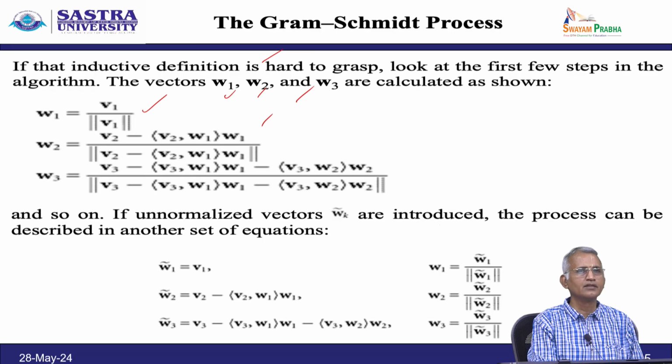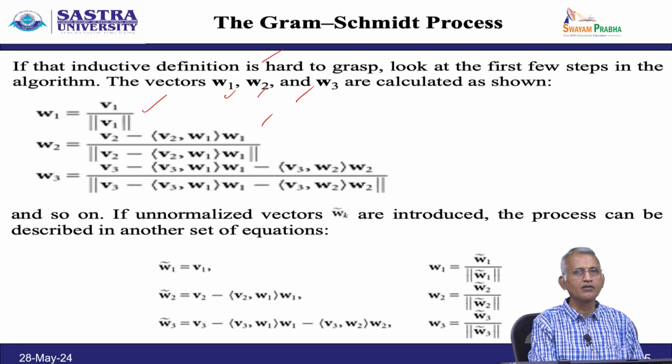So, this technique we have to apply, so that W2 will be generated, and W3 is V3 minus inner product V3 comma W1 into W1, minus associated with the W2, V3 comma W2 into W2, divided by the norm of the numerator. So, this way we can generalize to n vectors, so that we can do the orthogonalization process of the n vectors.